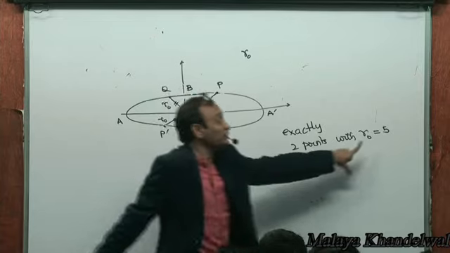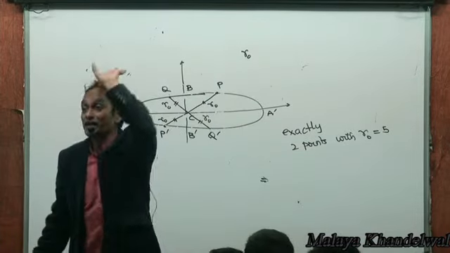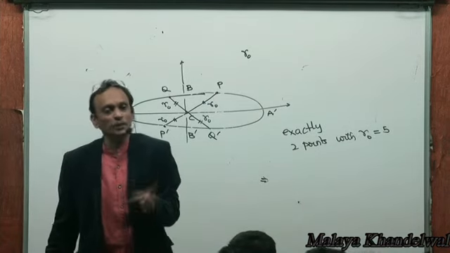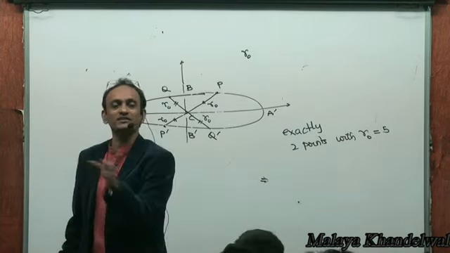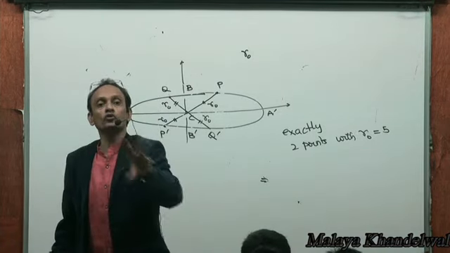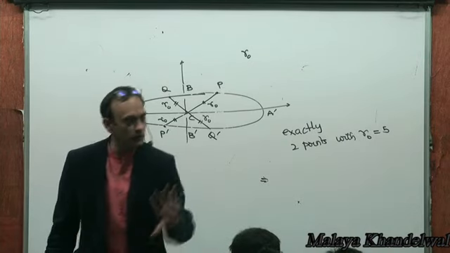That means either 5 would be the semi-major axis or 5 would be the semi-minor axis. But other than this, all of the points except the ends of the semi-major and minor axes would have 4 locations for a certain distance. Clear?